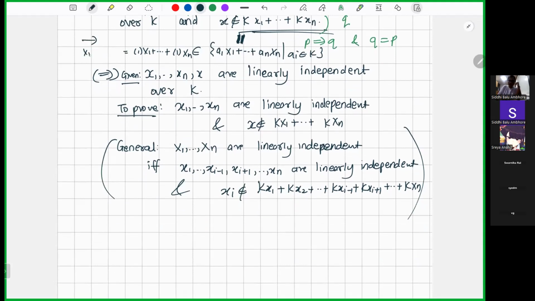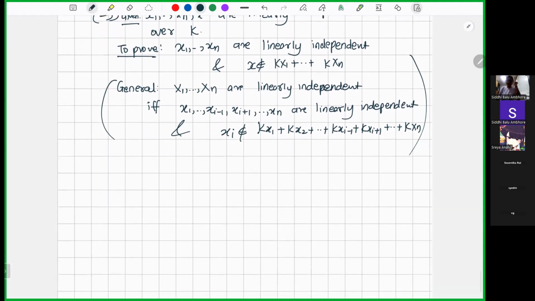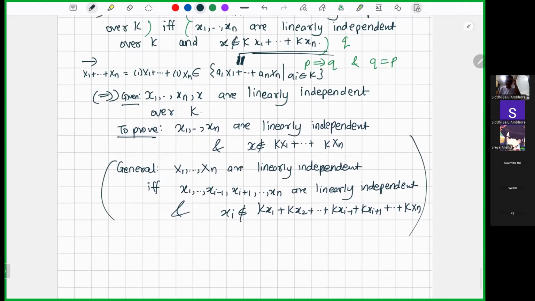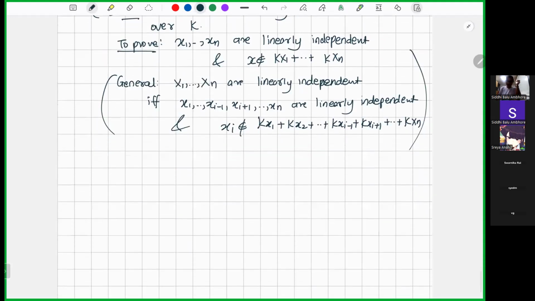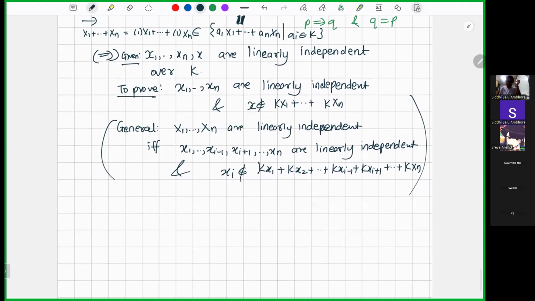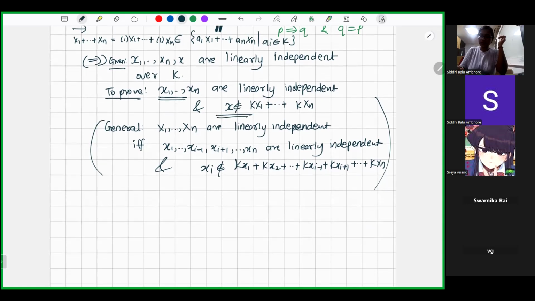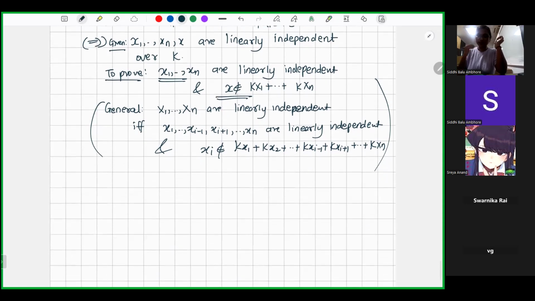Is this okay? We'll try to prove this. The first is we want to prove that x1 to xn are linearly independent and x does not belong to this linear combination.